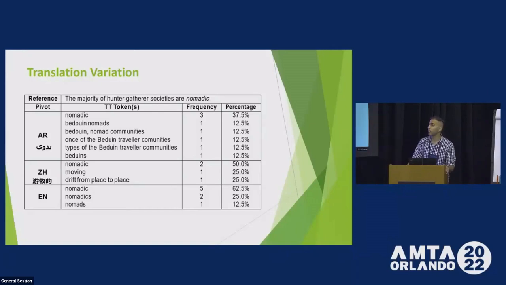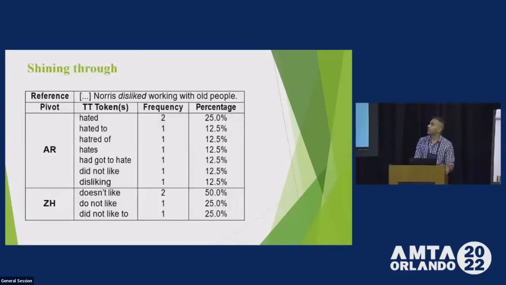The same goes with Chinese, moving and drift from place to place. So this is also a shining through of Chinese into the final translation, back translation Arabic. And then after we established that there are differences between pivot languages, whether quantitatively or qualitatively, and the monolingual paraphrasing, we tried to see if different pivot languages introduce different versions.